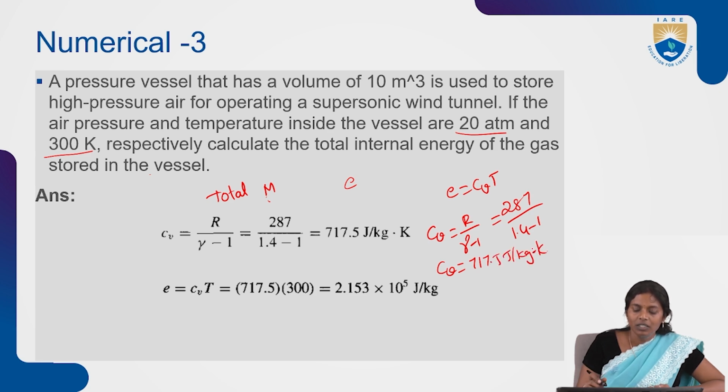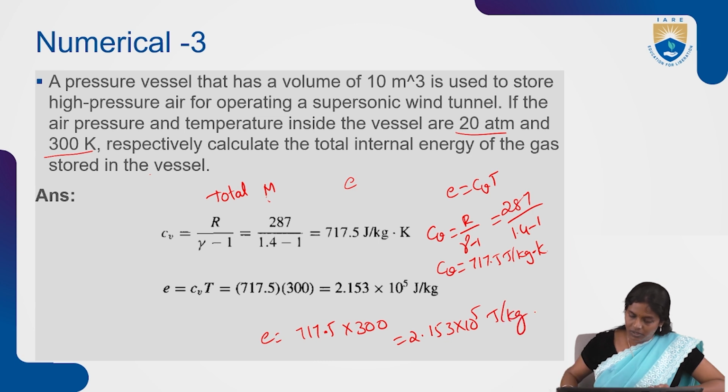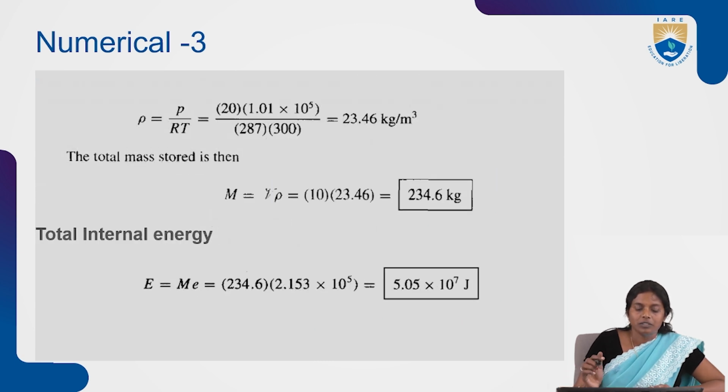So E equal to CvT, that is nothing but 717.5 into 300. So that is E.